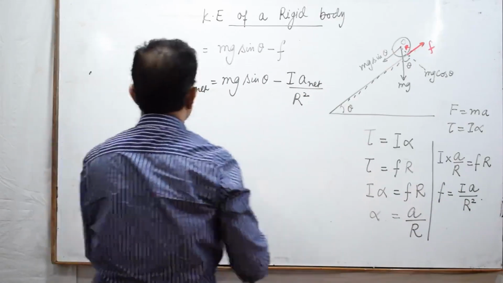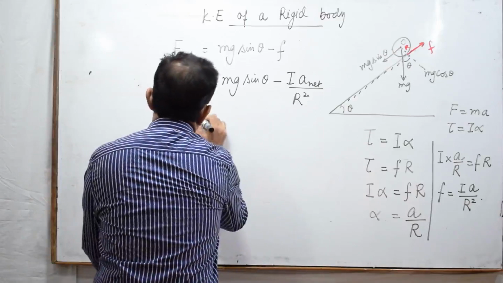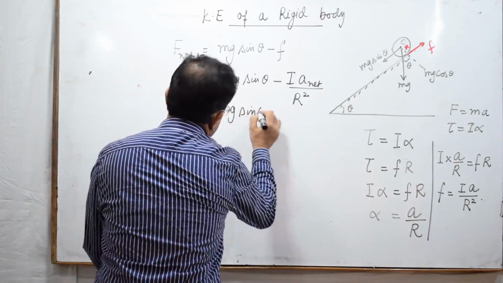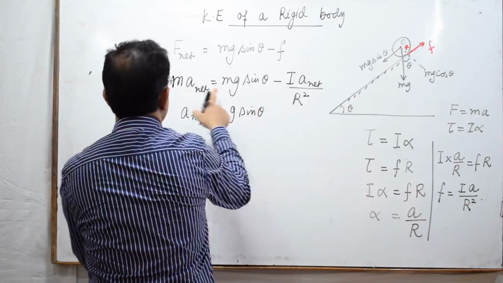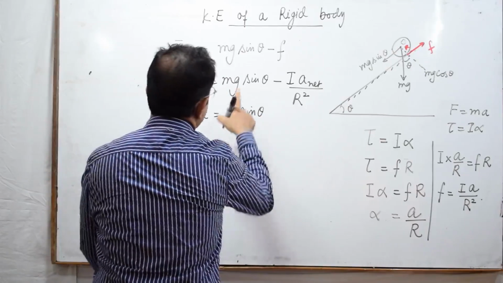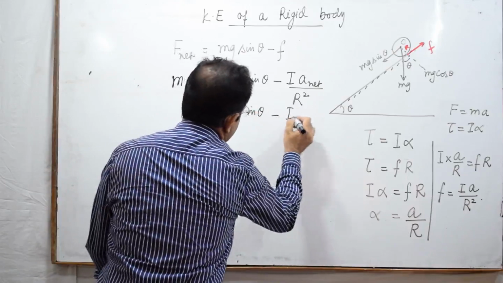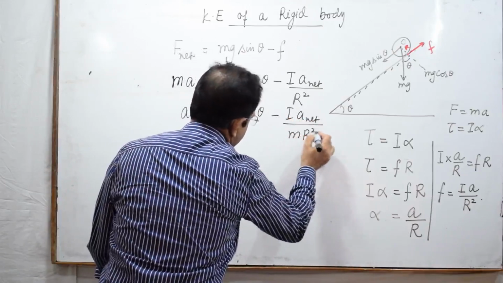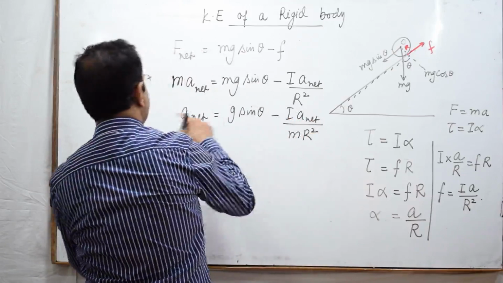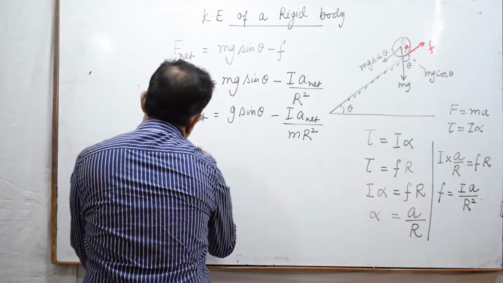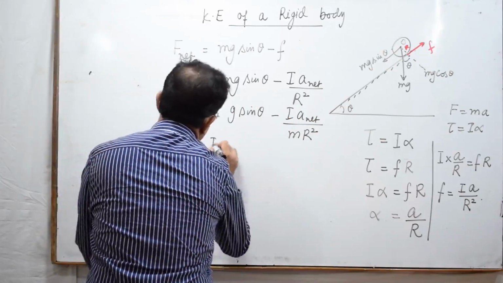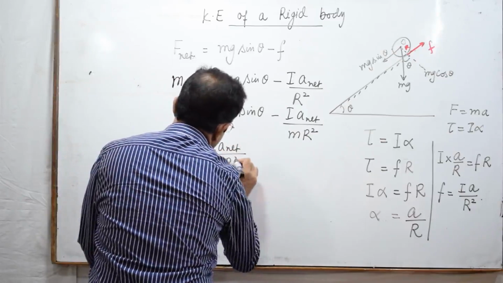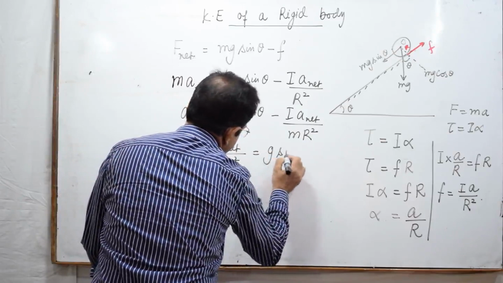If we divide both sides of the equation by m, I will see that a net becomes equal to, m cancels out, so I am dividing with this m, and m and m get cancelled, we have g sin theta minus I a net divided by m r square. Shift this quantity to the left hand side, this will be a net plus I into a net divided by m r square is equal to g sin theta.